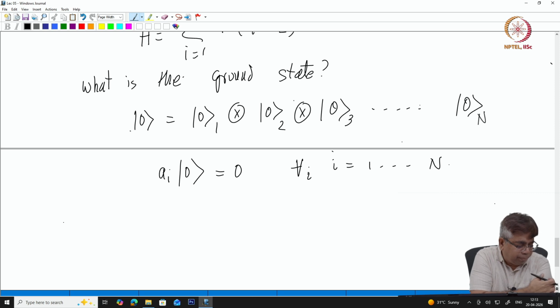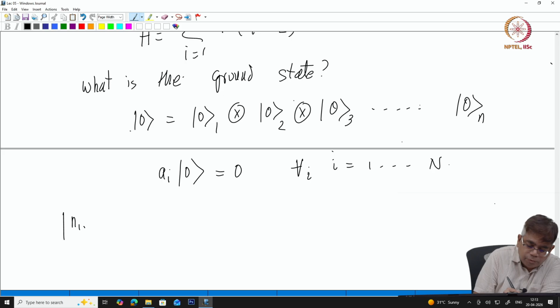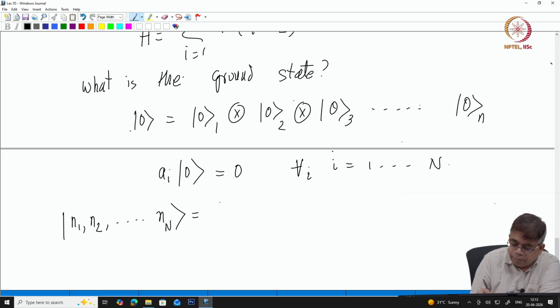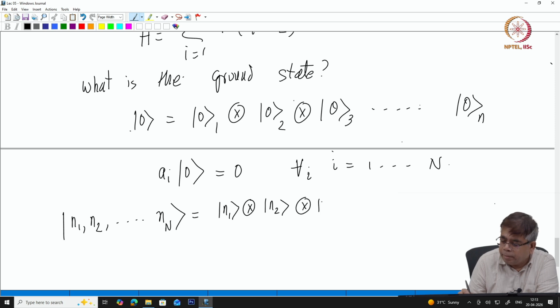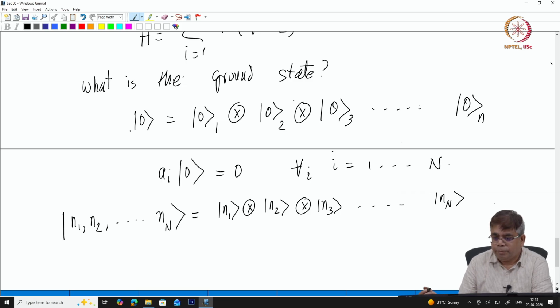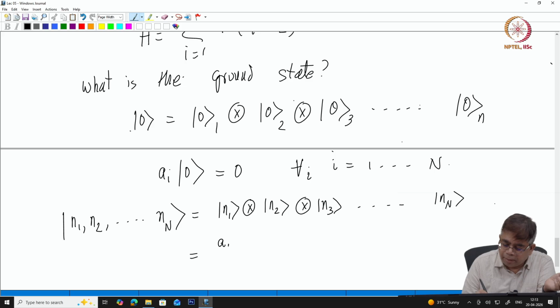So how does the n state look like? The n state is n1, n2, and so on, so n is equal to n1 direct product n2 direct product n3, and so on up to nn. Each n_i is given by application of its a dagger operator on the vacuum.